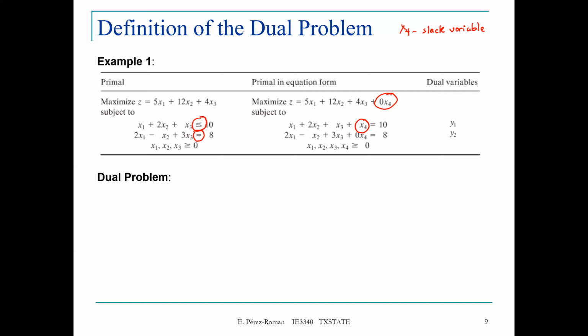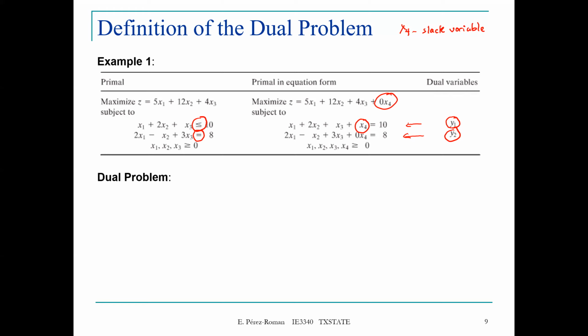As mentioned earlier, we are going to assign a dual variable to each one of the constraints. So y1 is going to be associated to the first constraint, and y2 is going to be associated to the second constraint. Using this information, we're going to define the dual problem for this primal.